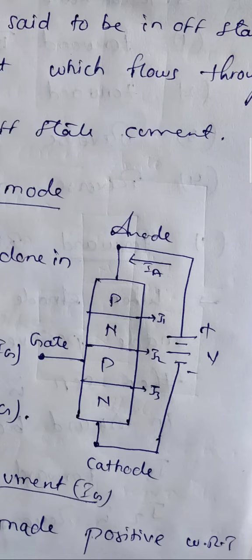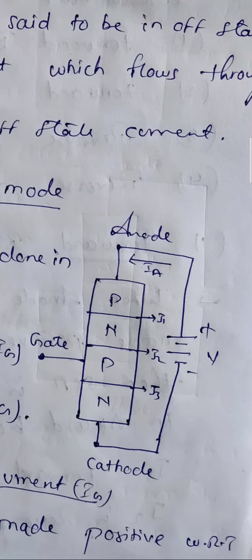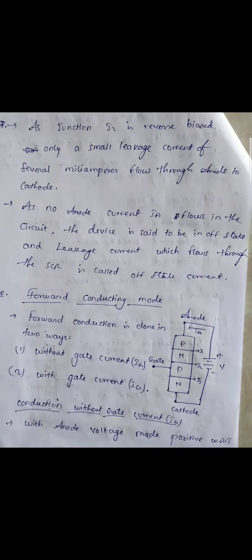So there will be no junction J2, and there will be easy flow of electrons from the p-type region to the n-type region, means anode to cathode. There is a free flow of electrons because there is no junction J2 because of the avalanche breakdown.